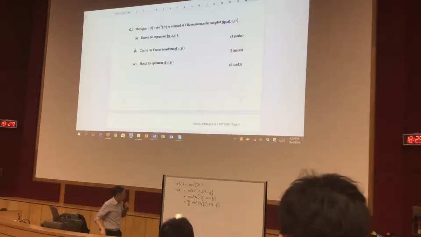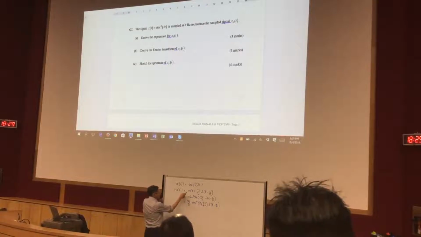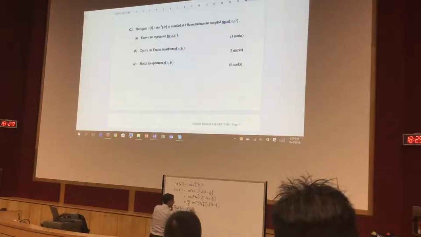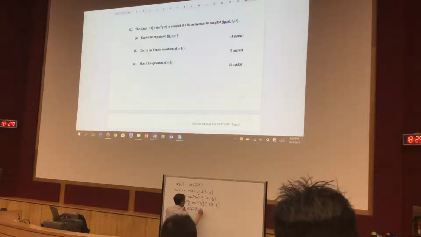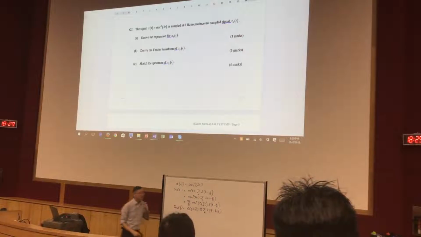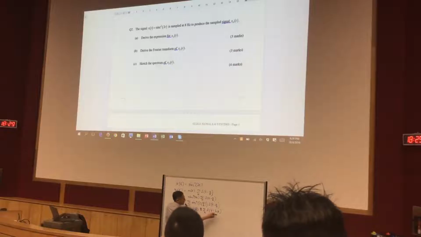Then Fourier transform. Okay? Fourier transform, I'll come back to here first. Because X_s, if X(f) convolves with this guy, alright, so you replicate this at multiples of 8 Hz.